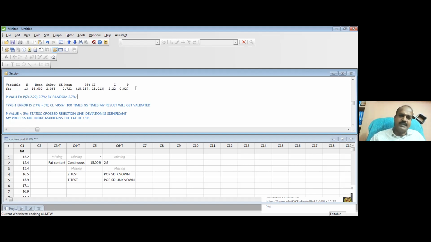And we are limiting that type 1 error to 2.7%. But in our study, we fixed alpha at up to 5% is okay for me. But my study committed an error of only 2.7%. So with a 2.7% possibility of error, I am rejecting the null. So my error in any case cannot be more than 5%, because it is very clear.